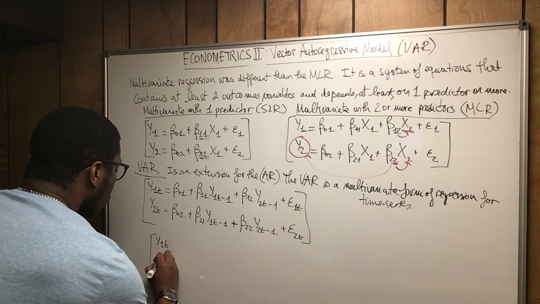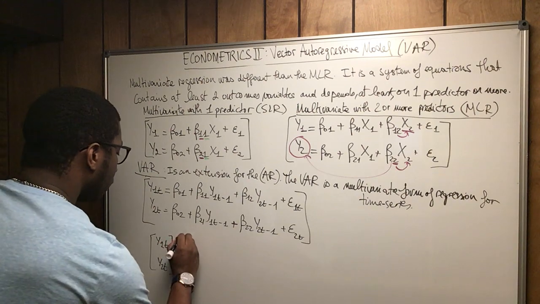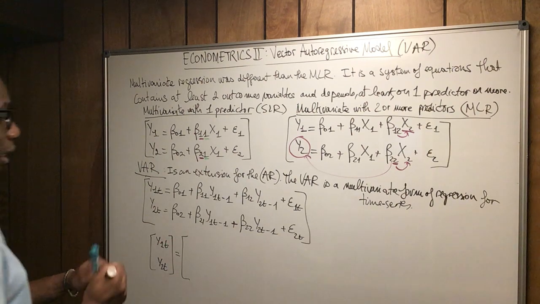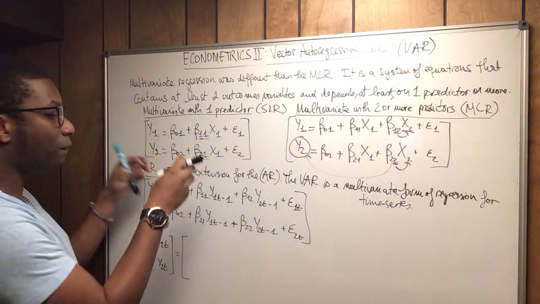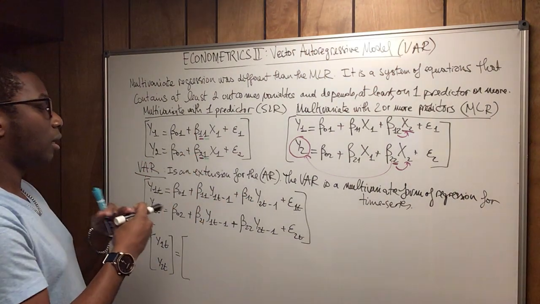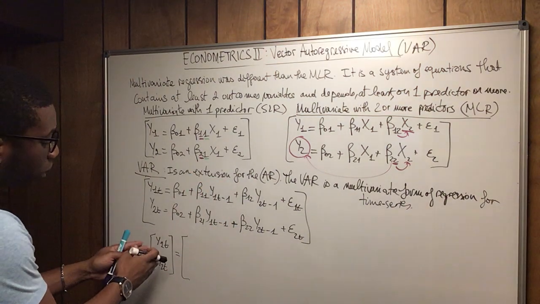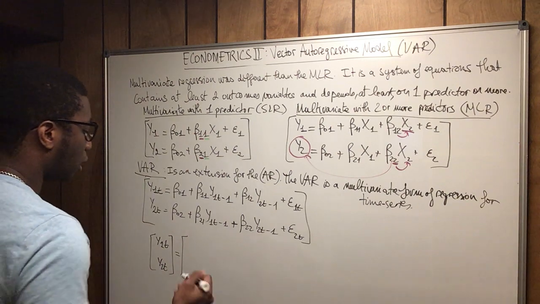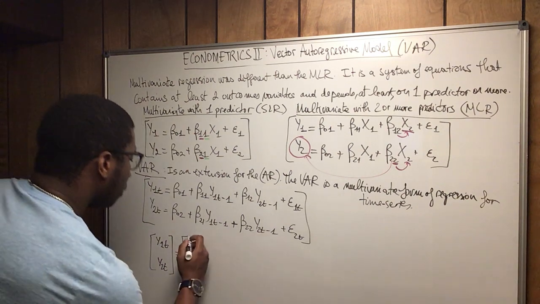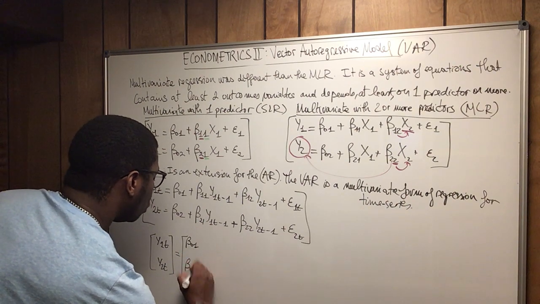That being said, we're going to have here Y1T, Y2T equal. So we're going to basically put every variable, or should I say every number, with their own groups. So Y1T, Y2T goes here. And then you have beta 01, beta 02.